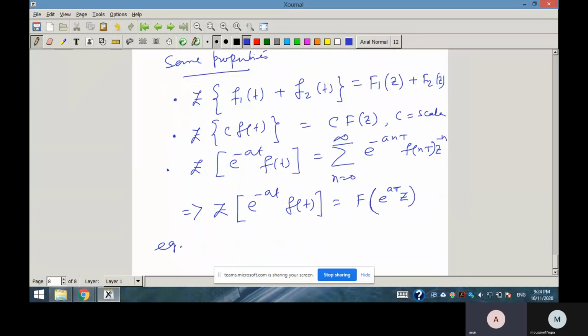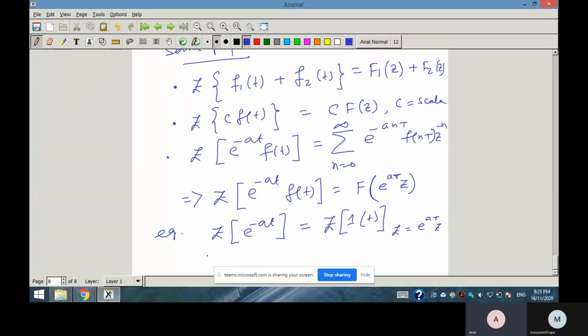For example, suppose I want to find the Z transform of e to the power minus aT. How does this happen? What is your ft here? ft is here 1. So the Z transform of 1t, with z now replaced by e to the power aT into z.